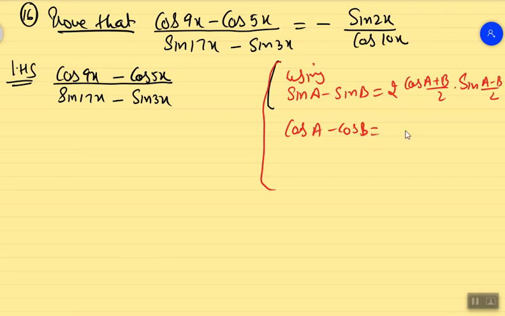What will be the answer? Now both are cos, so in cos there will be no mixing. In the numerator there will be minus 2 sin. What is A?